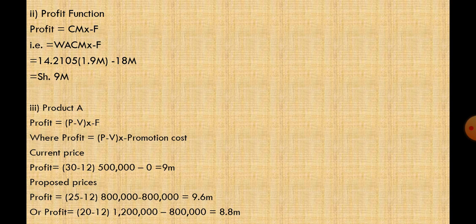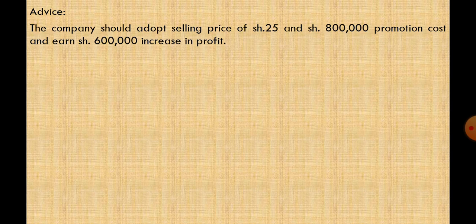So we would rather choose the proposed change of price to shillings 25 where the units being sold are 800,000. So we advise the management that the company should adopt a selling price of shillings 25 and shillings 800,000 promotion cost so that they can earn a 600,000 increase in profit. So that is the best advice we can give to this organization here.